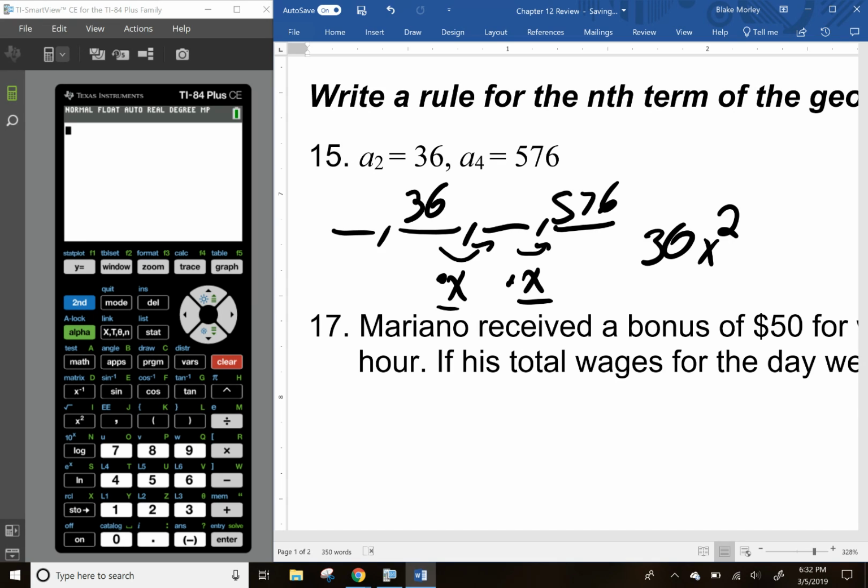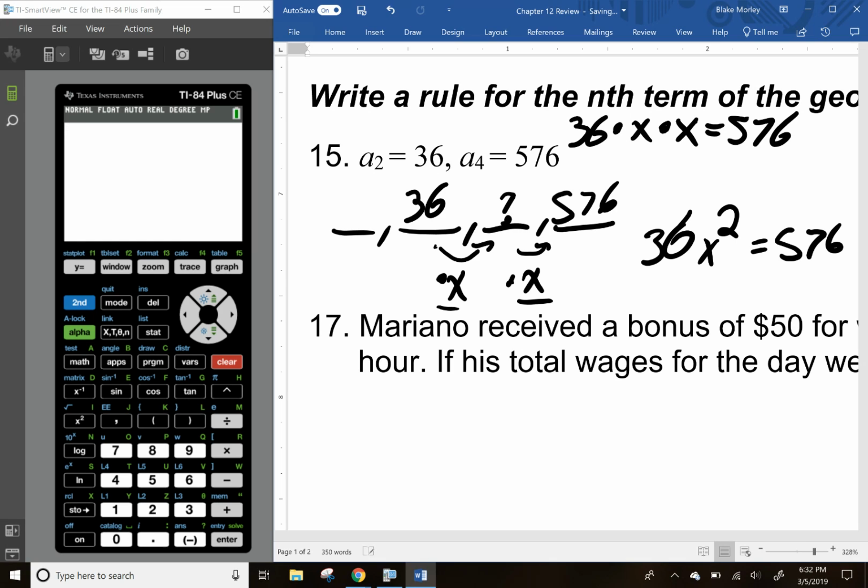See what I'm saying? Because it's 2 times. This is 36 times x to get this number here, and then you're multiplying that times x again, and you're ending up at 576. So I'm writing that equation down because this helps me figure out what that x value is.